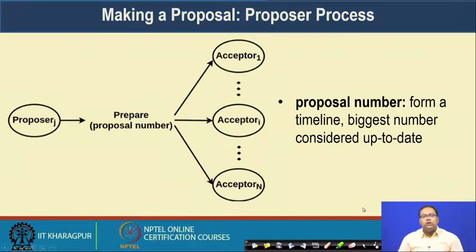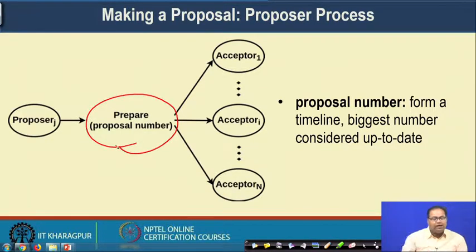So, let us look into the process in a little more detail. The proposer initially prepares a proposal number. This proposal number needs to be good enough so that your proposal gets accepted. The proposer prepares that proposal number and sends it to the acceptor.